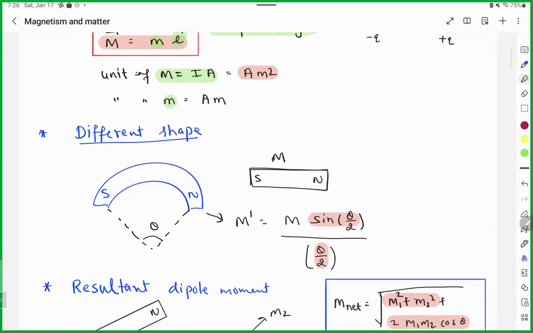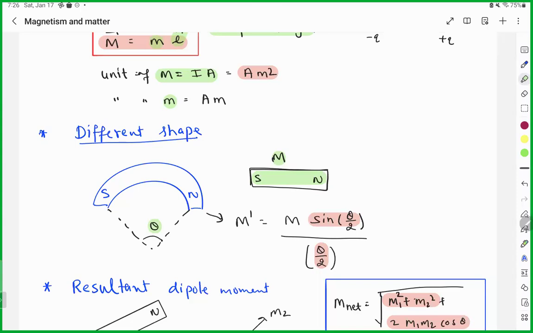If you take a different shape, like normally it is the straight rod from south to north with magnetic moment M. But if you bend the rod and have some angle theta, you want to compare how it is different from the straight rod.